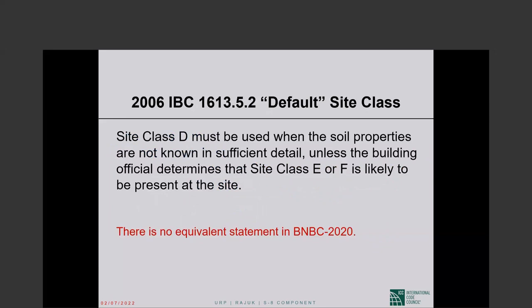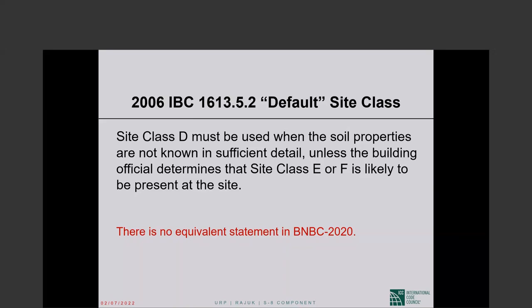ASCE 7 says specifically site class D must be used when the soil properties are not known in sufficient detail, unless the building official determines that site class C or F is likely to be present at the site. Now, site class determination we will not talk about, but it is based on measured properties of the soils at the site. ASCE 7 very specifically says the top 100 feet of the site, 30 point some meters.